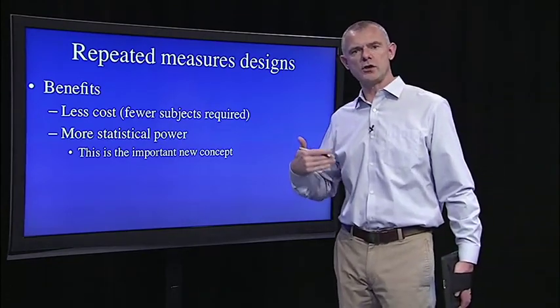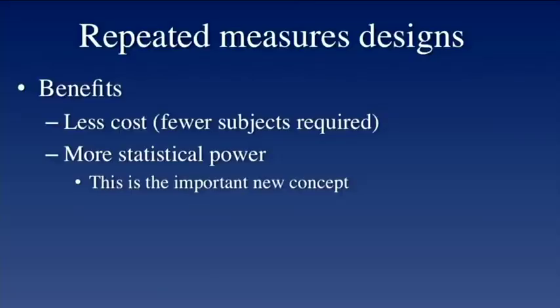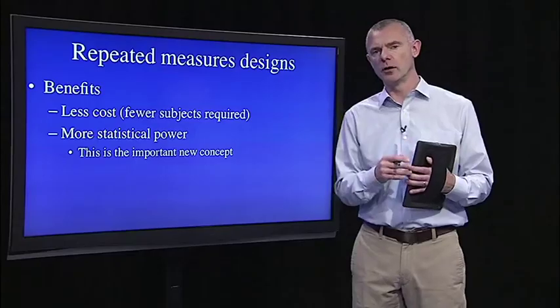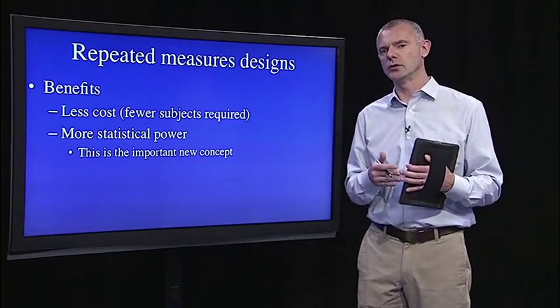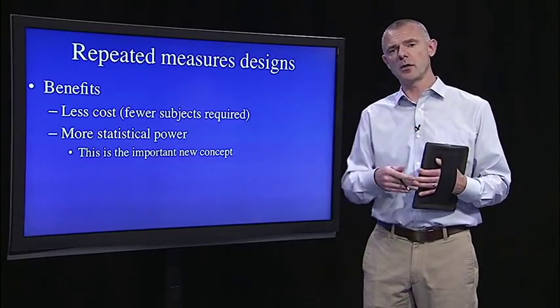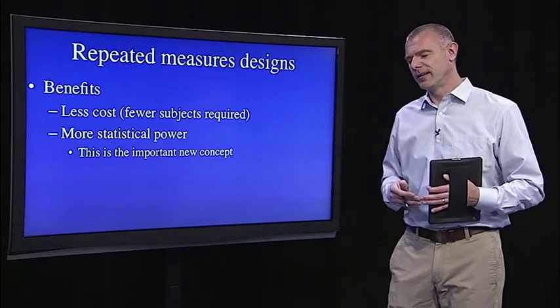And especially when it's hard to get access to subjects or cases, or if it's really expensive to do your experiment. So here at Princeton, we do a lot of neuroimaging experiments where we have subjects come to the psychology department, what will soon be the Princeton Neuroscience Institute.